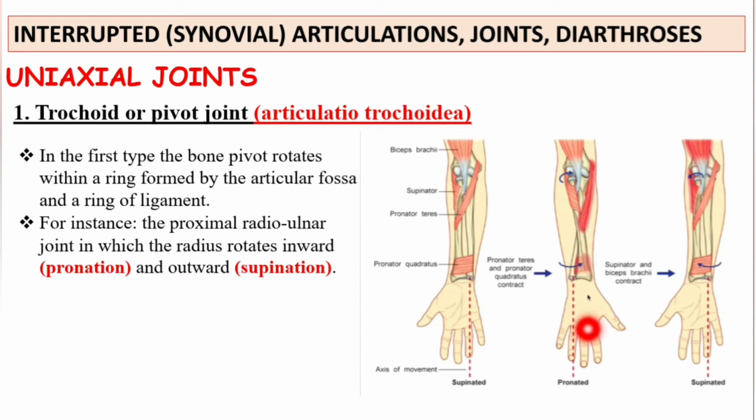In pronation, you see the dorsal surface. Supination again. As I told you in the previous video, in pronation the radius will be crossing the ulna, but in supination they are parallel. That is the first kind of trochoid joint.